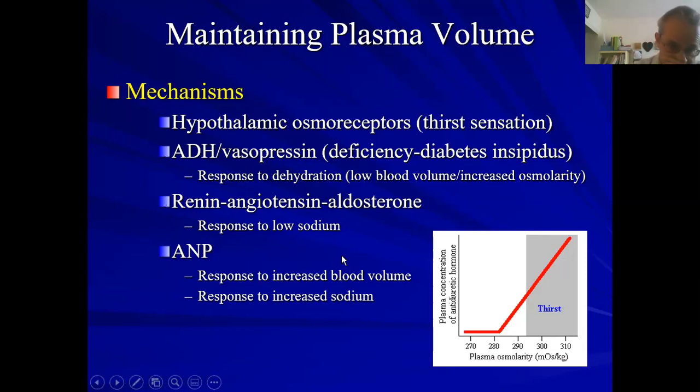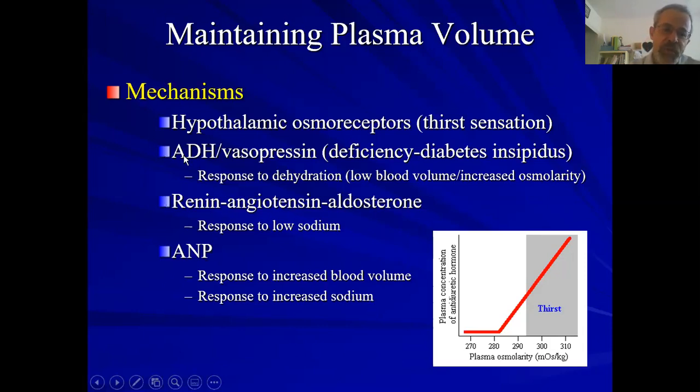Finally, we have ANP, or ANF, atrial natriuretic peptide or factor. This is a hormone produced by the heart, and this responds when the blood pressure or blood volume is too high. This results in excretion of fluid as well as salt.